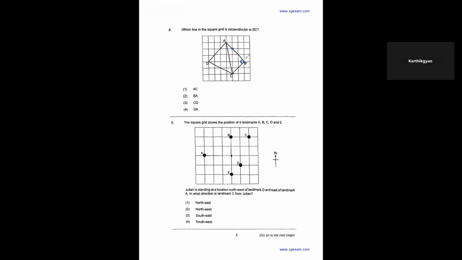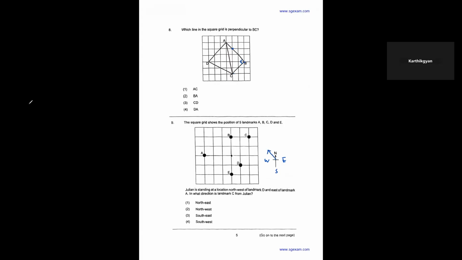Question 9. Julian is standing at a location northwest of the landmark D. The compass is given to you over here, so write down north, east, south, west. Northwest is in this direction here.